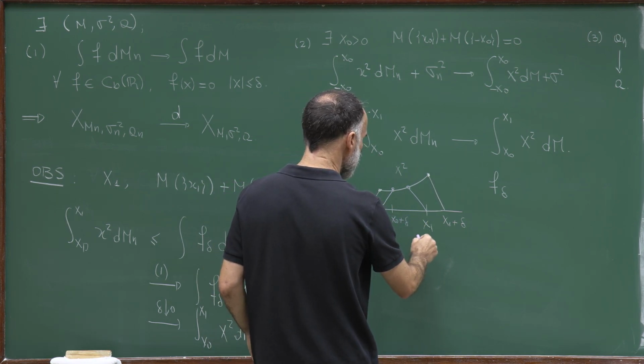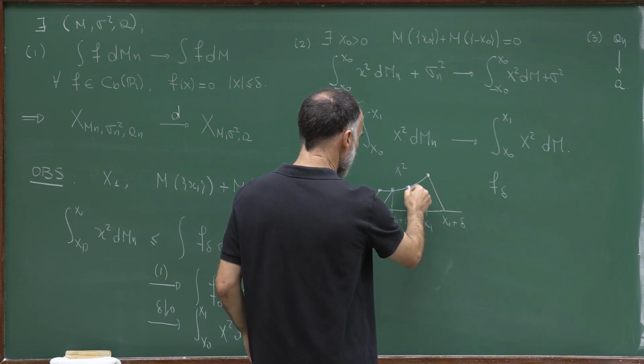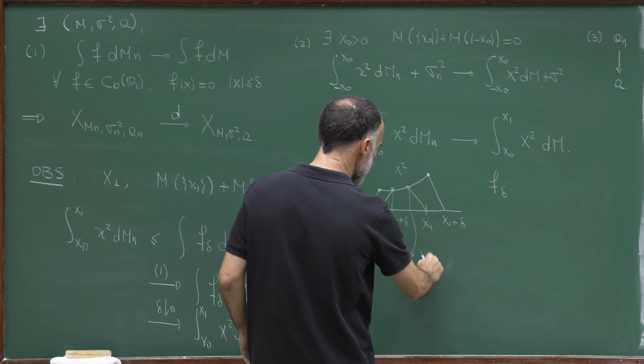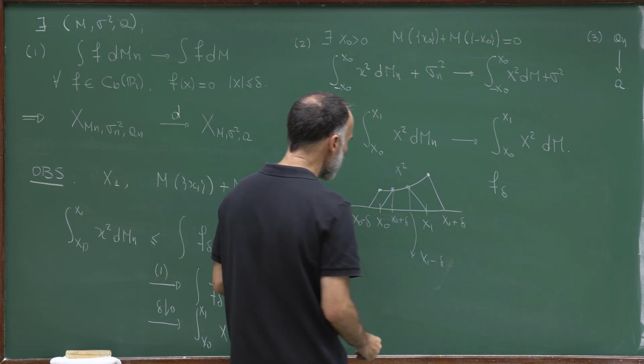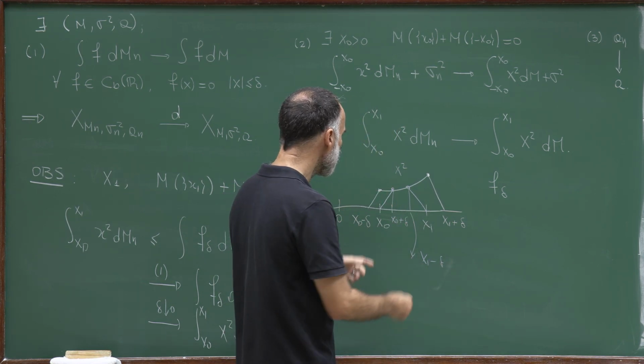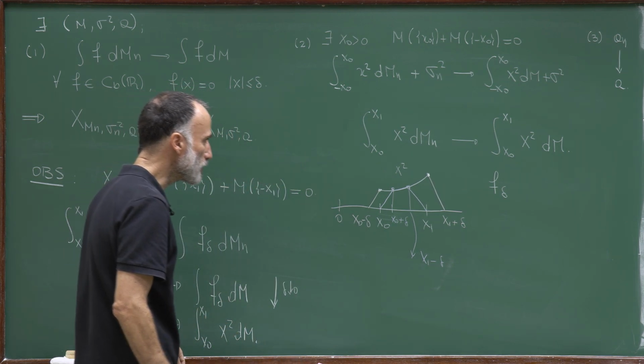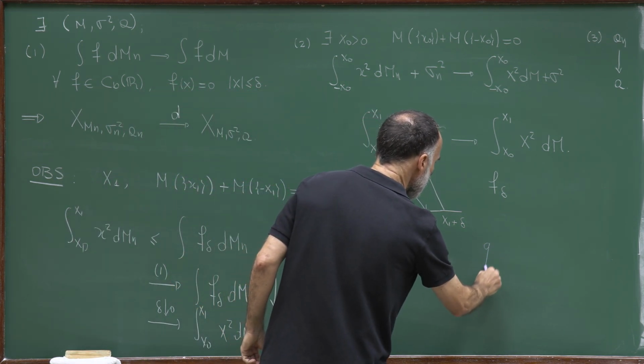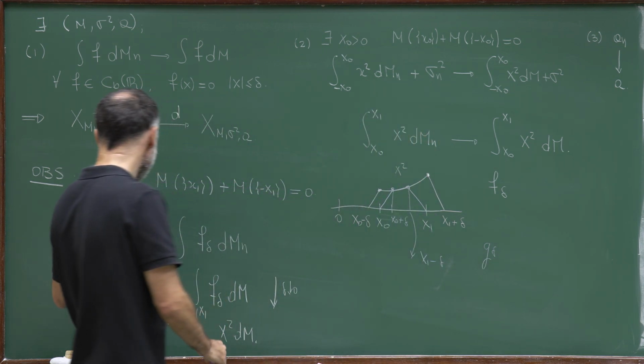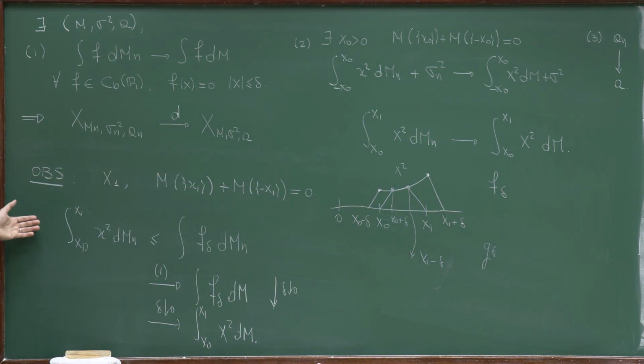So that will be x0 plus delta, and this point will be x1 minus delta. The function will be linear in these two intervals, and it will be equal to x squared in the remaining part. By defining this function as g delta, we can repeat exactly the same argument and get a lower bound for this limit.